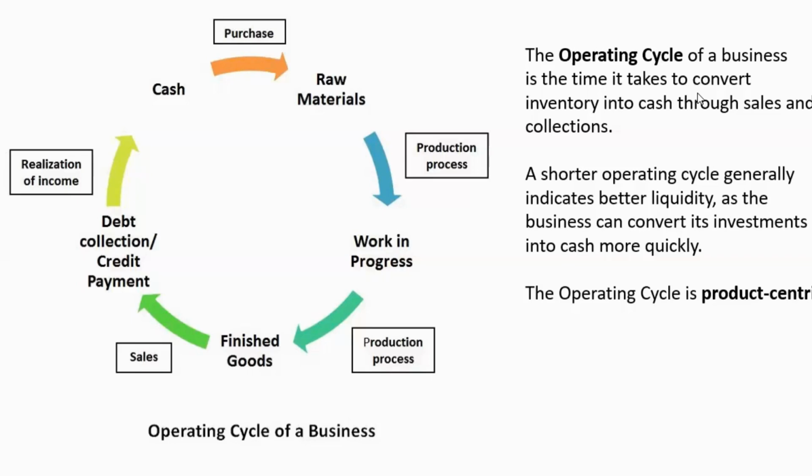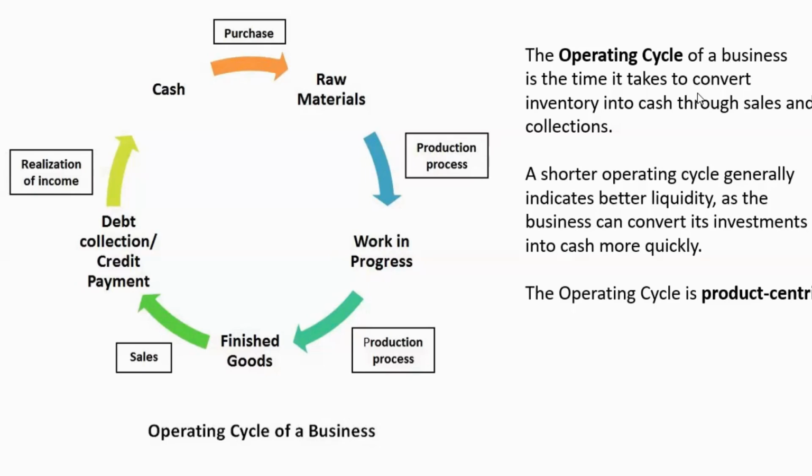We can divide this cycle into two parts: from raw materials to work in progress, which is production, and from finished goods to cash, which is receivables collection. If you combine these two, it makes the operating cycle.